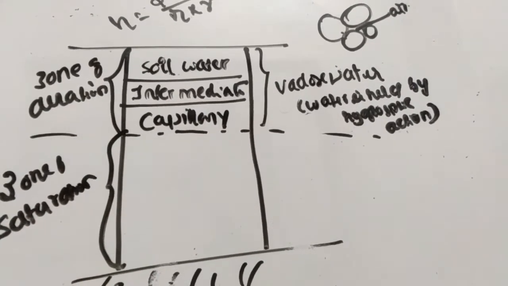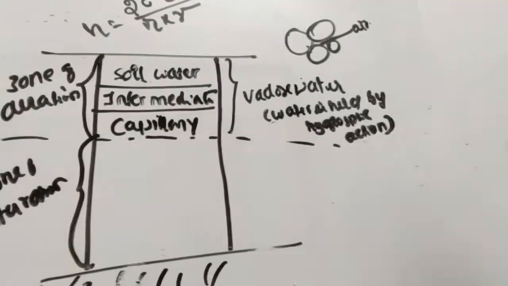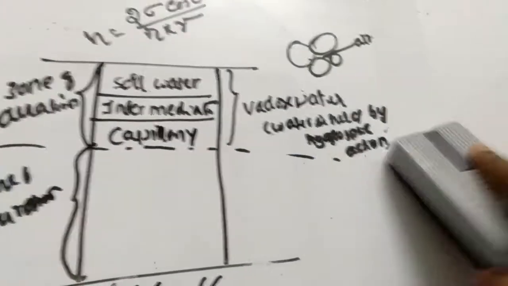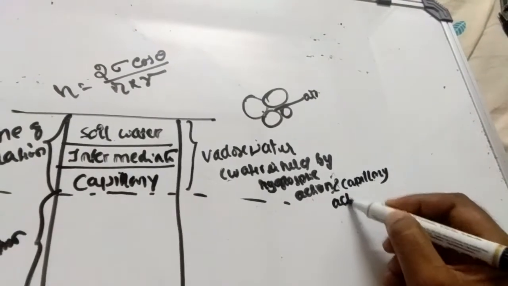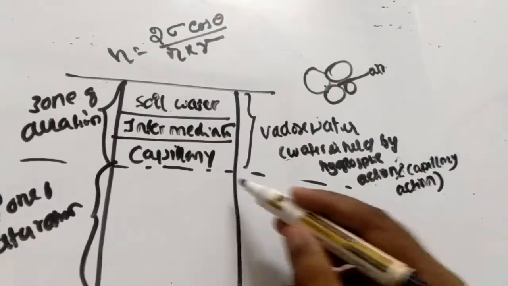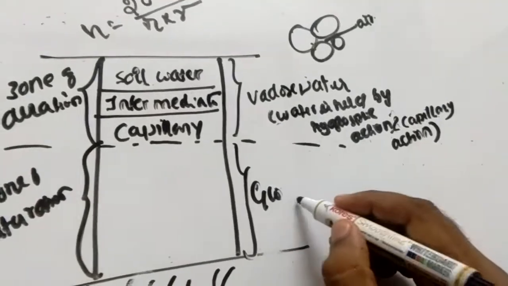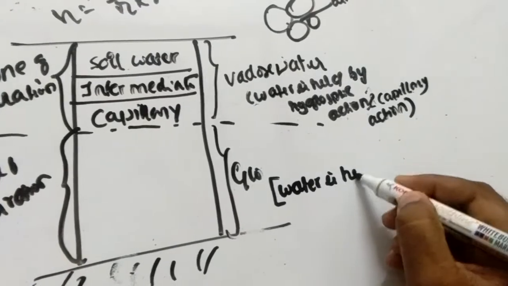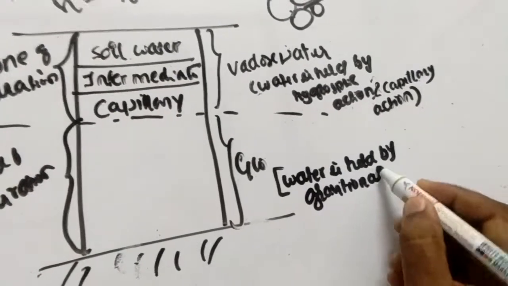Essentially, water is held by hygroscopic action or capillary action, and in the groundwater zone, water is held by gravitational action.